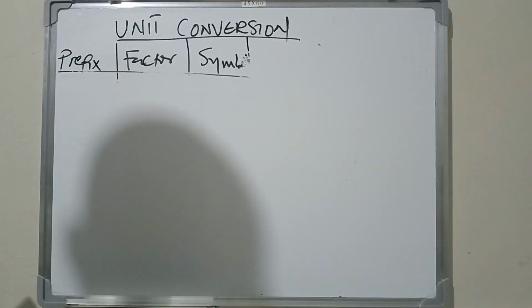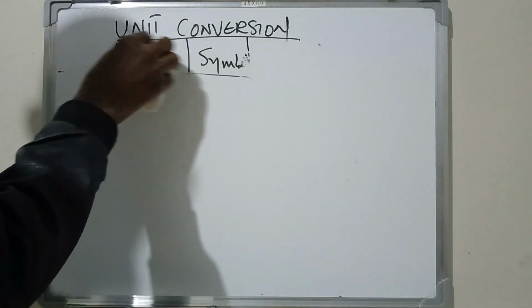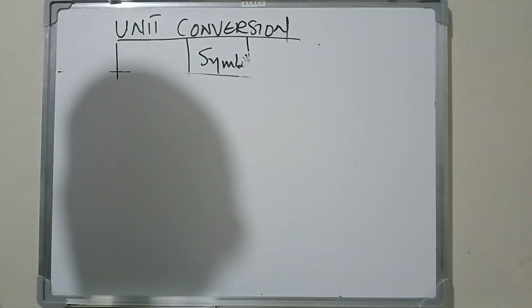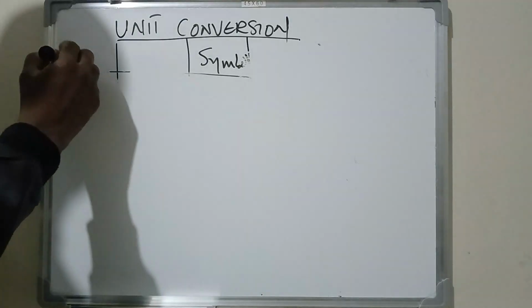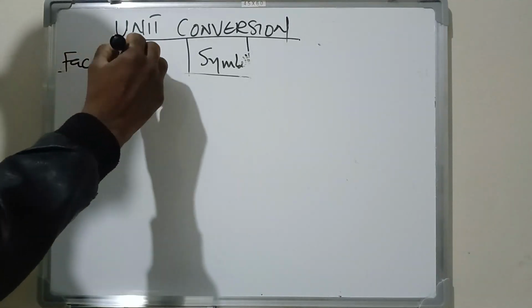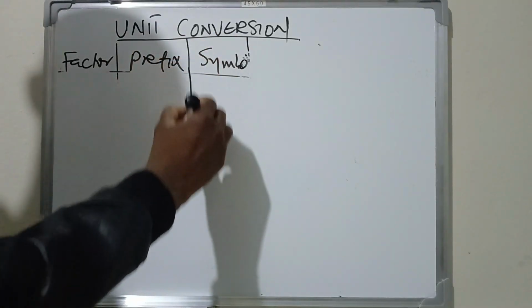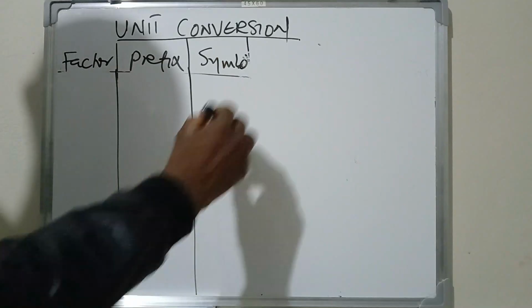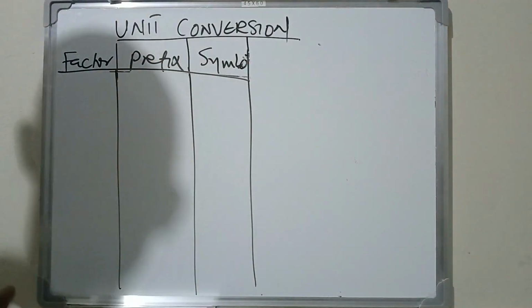This one has the factor first, so we have the factor, the prefix, and the symbol. Remember, this is an exam question.